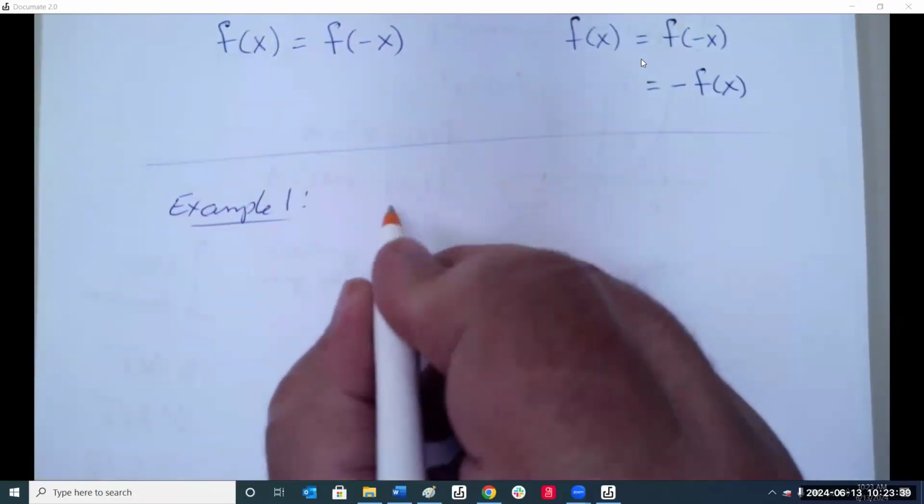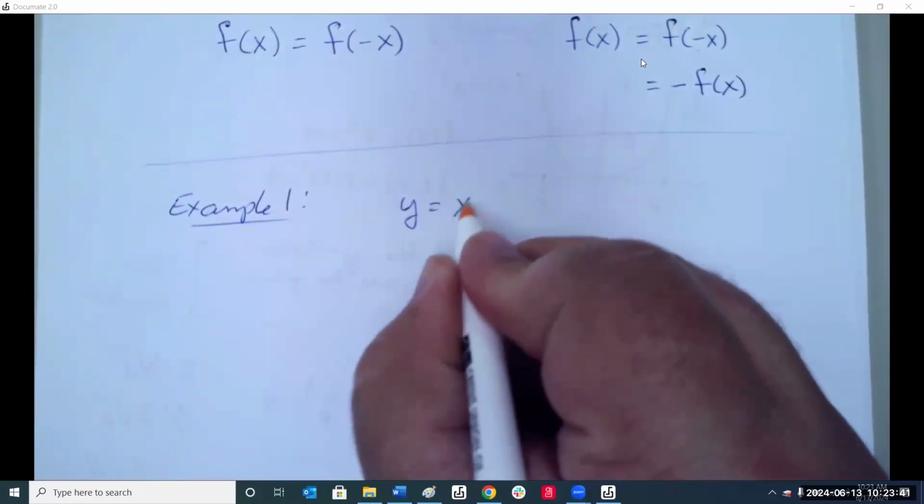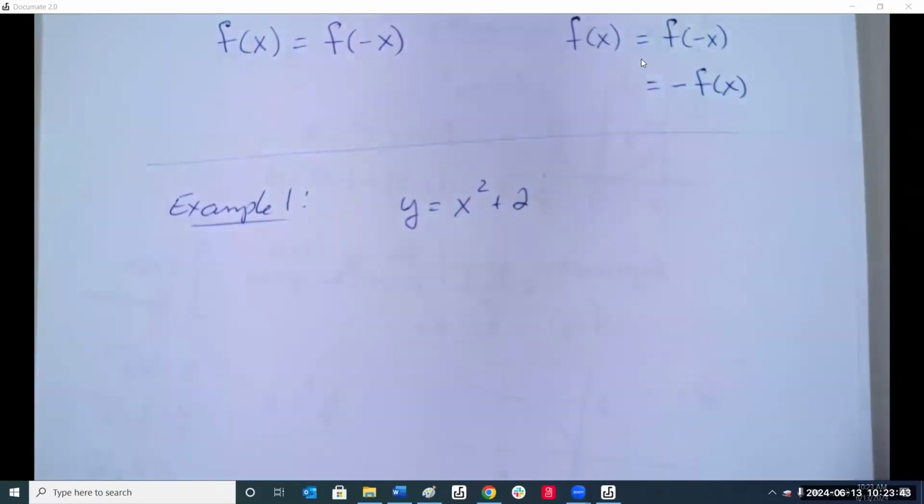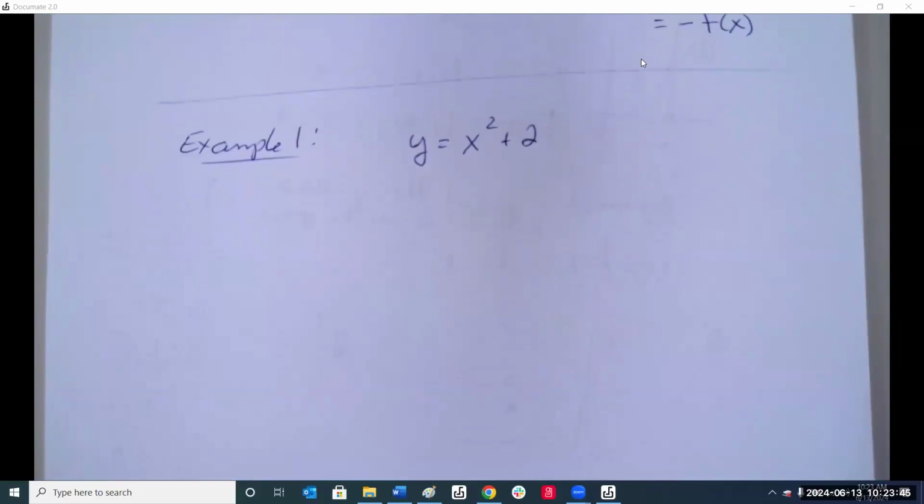Example 1. y equals x squared plus 2. Test symmetry for that. Is it symmetric about the x, y, or origin?